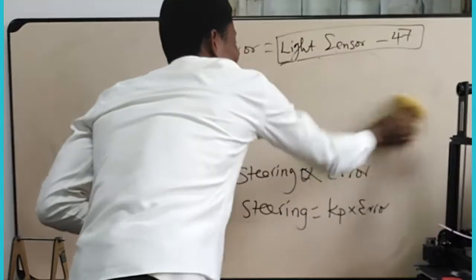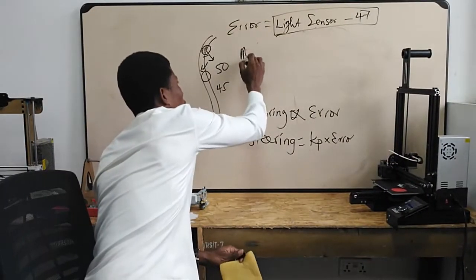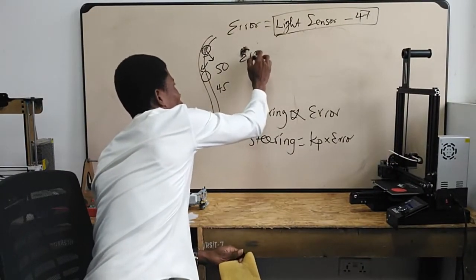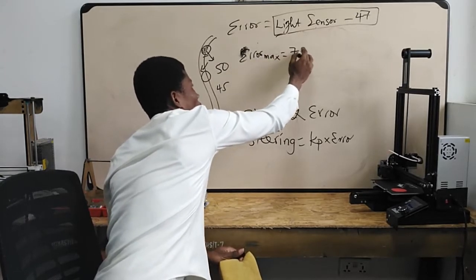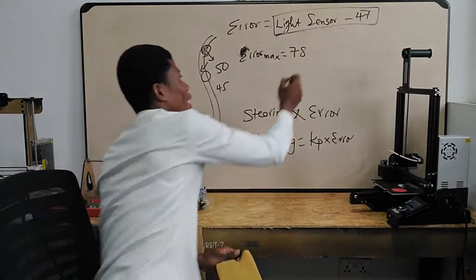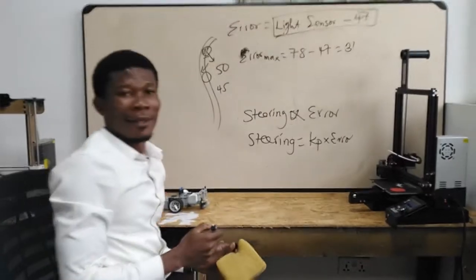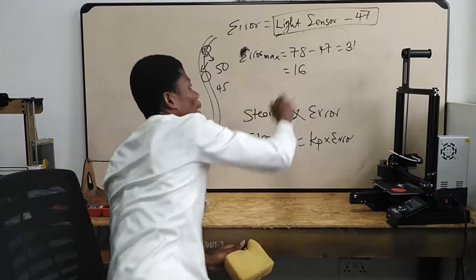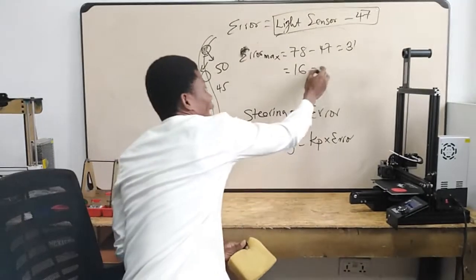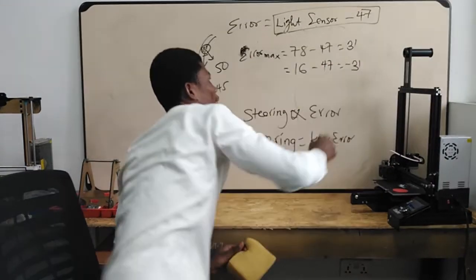So let's look at this. Error max would be when we have our maximum reflection from the light sensor minus 47, and that gives us 31. And the minimum error we could record would be when we have the minimum value of reflection from the light sensor minus 47, which gives us minus 31.